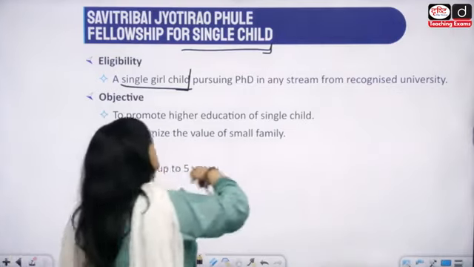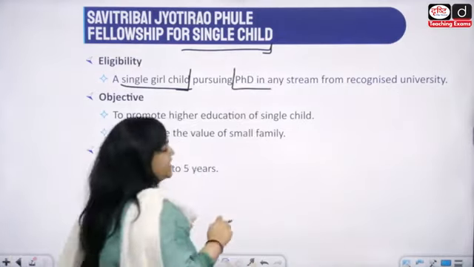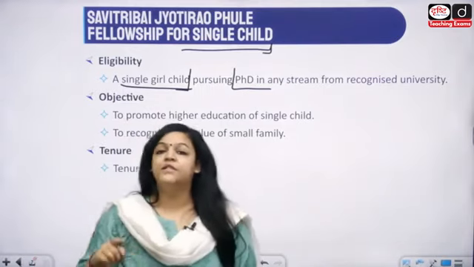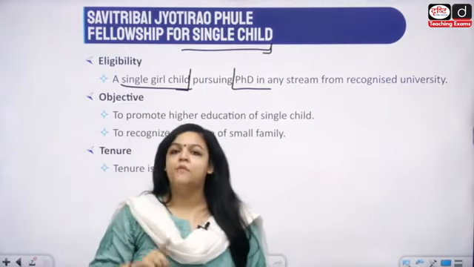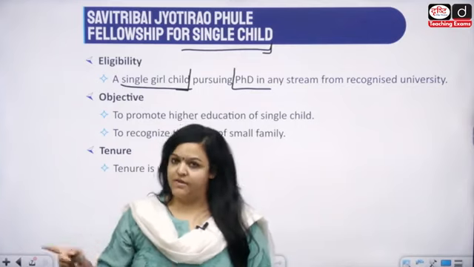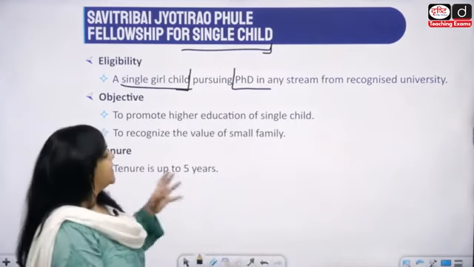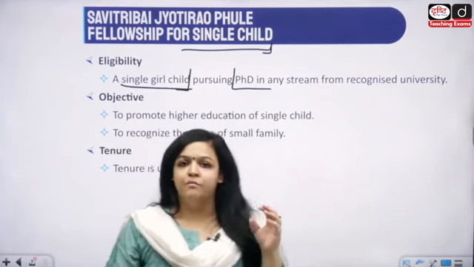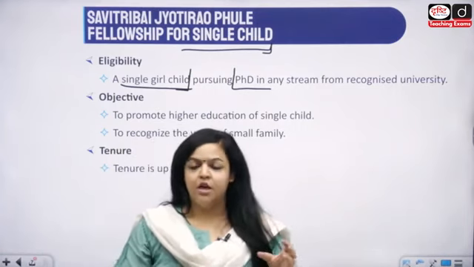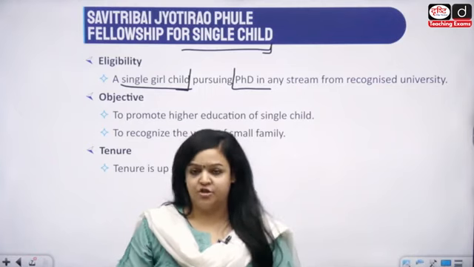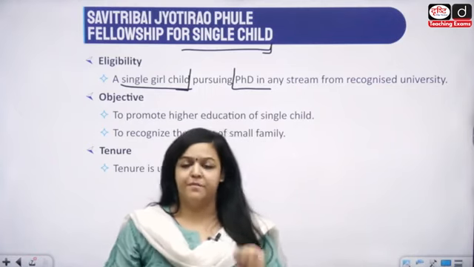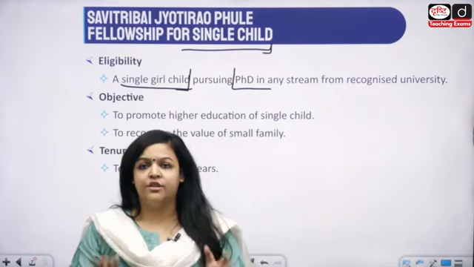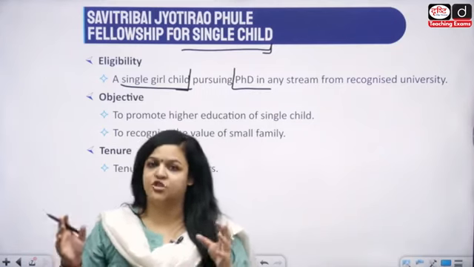Secondly, you must already be enrolled in PhD and you must already be pursuing PhD from a UGC recognized university. Okay. Now, what is the objective? The objective here is obviously to promote gender equality, to promote female education, to promote small families, and to promote education of single girl child.